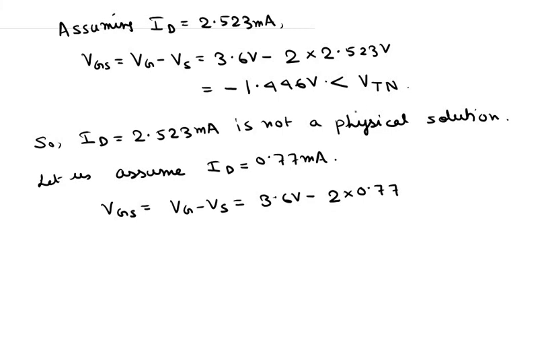Okay, so volts here, which is basically equal to 2.06 volts. So this is greater than the threshold voltage of operation of the N-channel MOSFET. So this is a physical solution, because here the value of VGS is actually 2.06 volts, which is greater than the operational threshold voltage for the N-channel MOSFET.